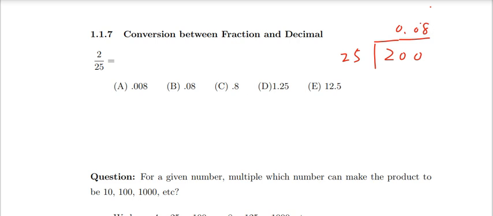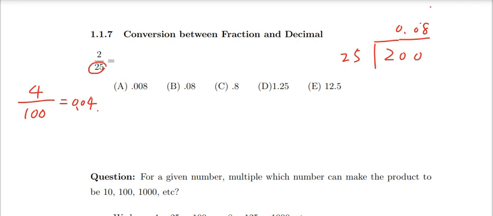Okay, but the other way is, if we can change this denominator to be 100, so that if there's 4 over 100, then this number we know is just 0.04, right? So the question is how to make the denominator 100 or 1000.